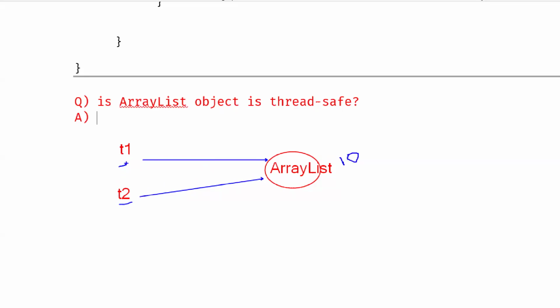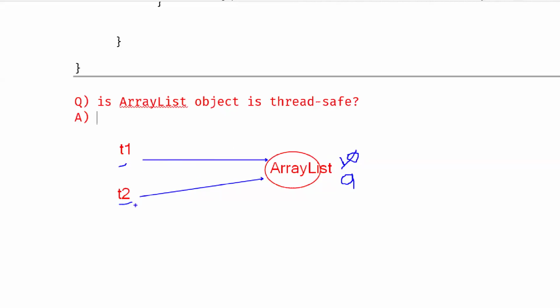If thread 1 removes one element from this array list, then elements become 9. The elements become 9 only for thread 1 or for thread 2 also? For thread 2 also, because both the threads are sharing the same object. Actually, who removed an element from this array list? T1 thread.